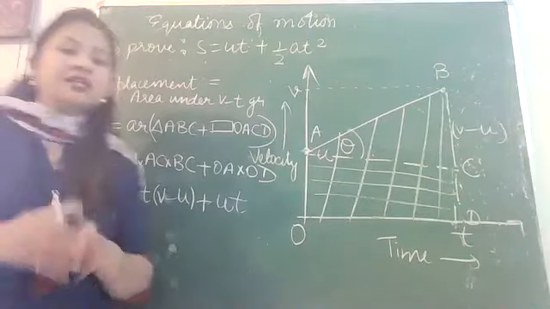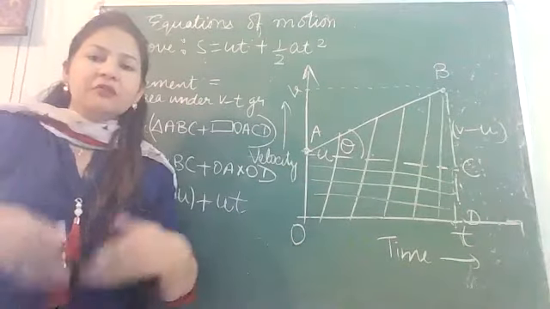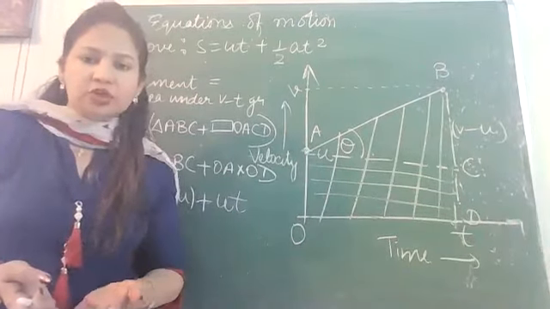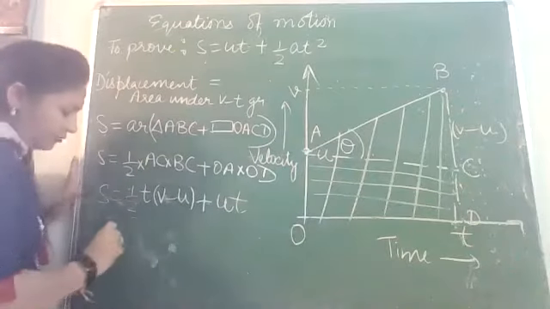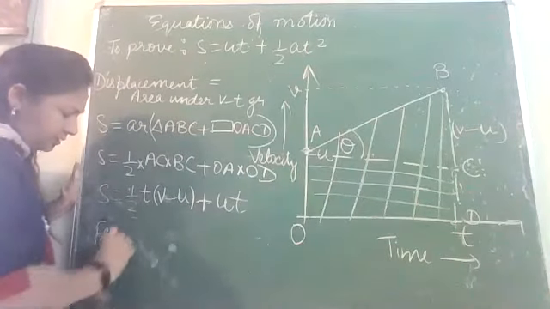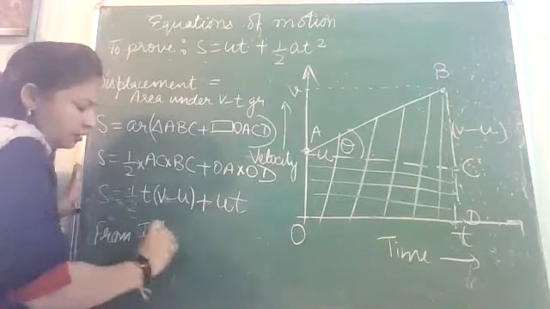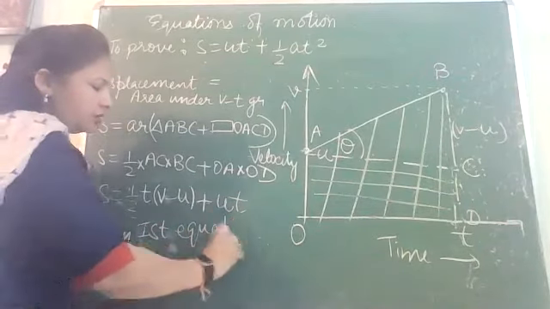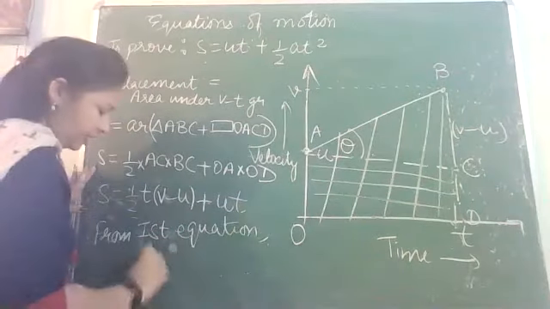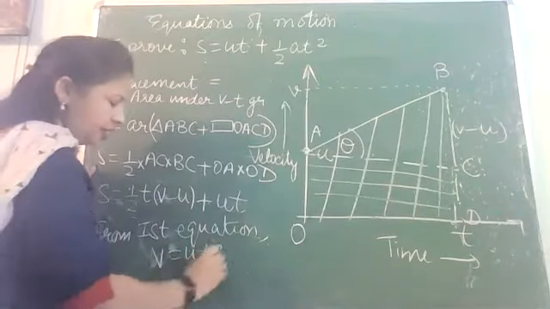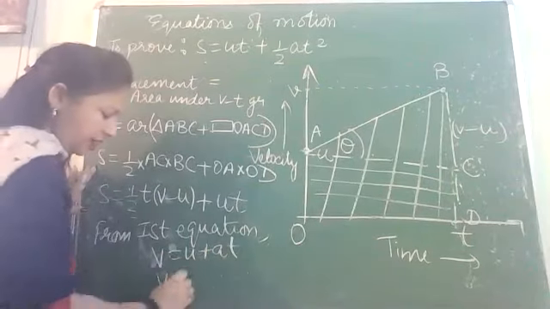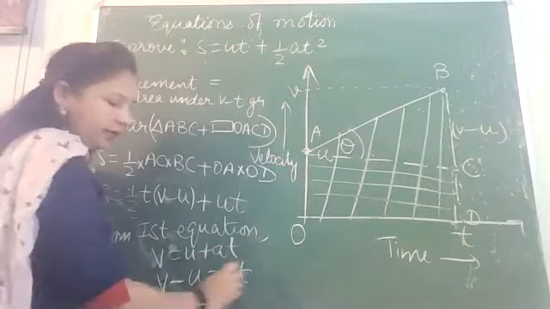You know, always when we prove the second equation, we will use the first equation of motion. So let us use it. From the first equation of motion, V equal to U plus AT, we know V minus U was equal to AT.